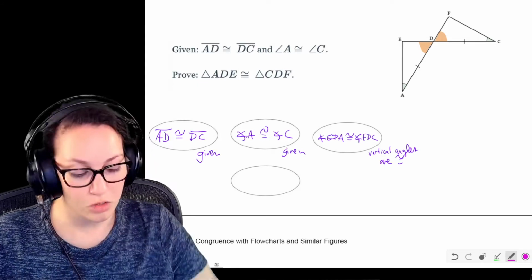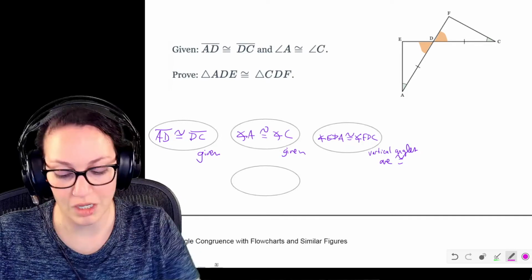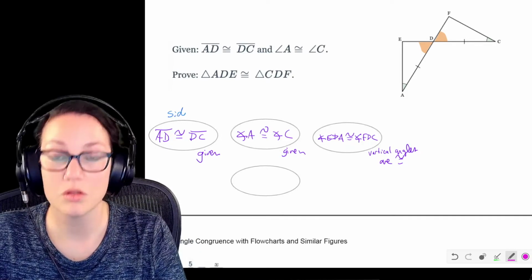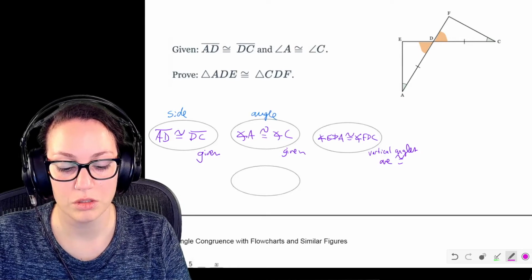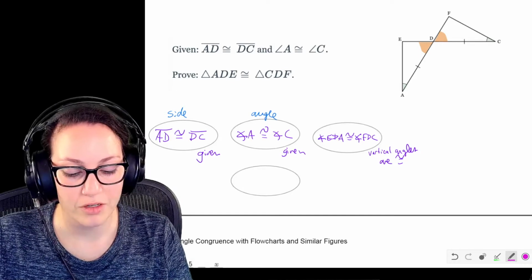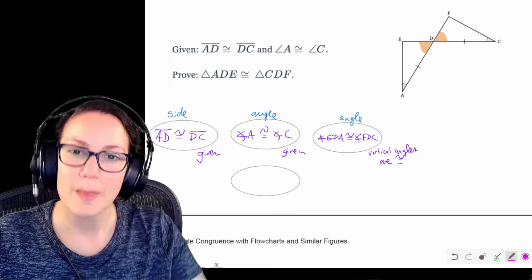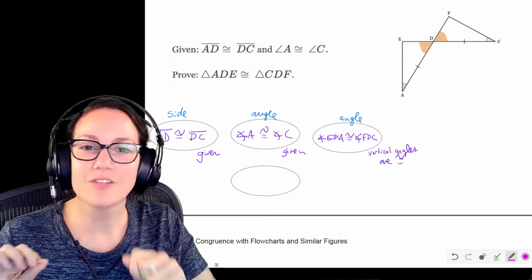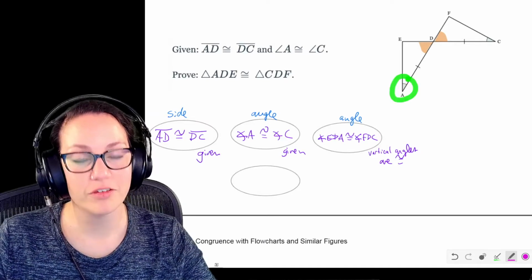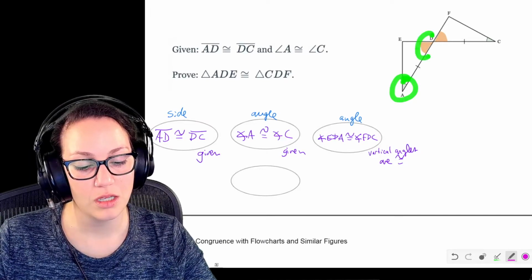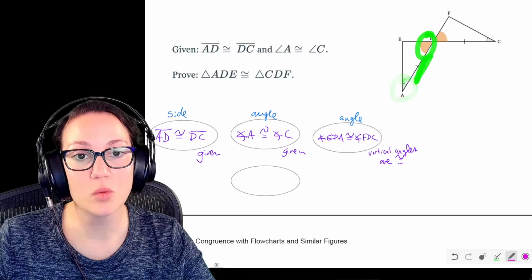Okay, so now what do we have here? We have a side, we have an angle, and we also have another angle. But we have to think about our order, because if we look at our figure, we have an angle here and an angle here, and then the side in between it.